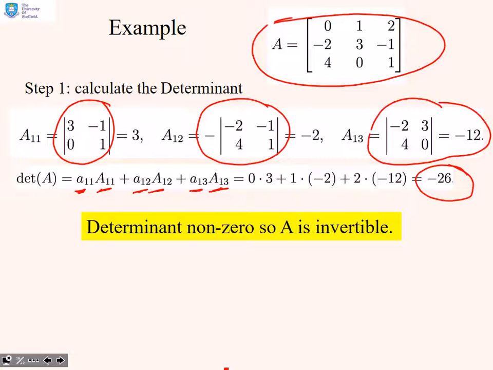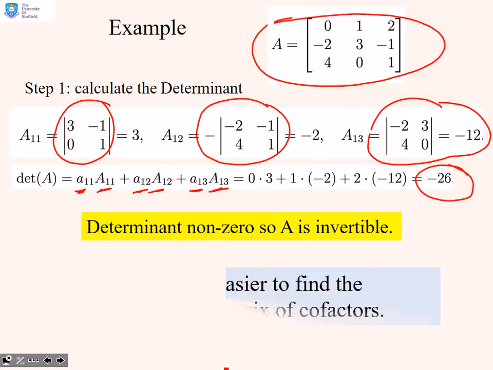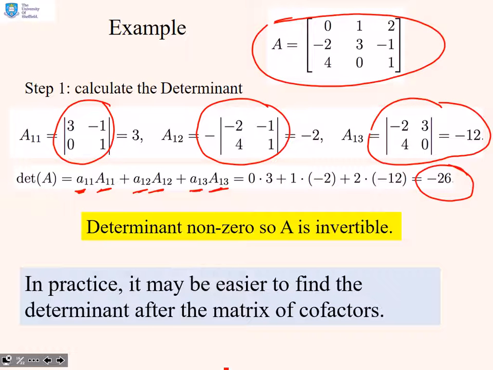That's covered in earlier videos, so I've done it very quickly. The determinant is non-zero, so A is invertible. And again, a reminder, you may choose to find the determinant after you found the matrix of cofactors, and you'll see here we found the 3 cofactors before we did the determinant anyway.